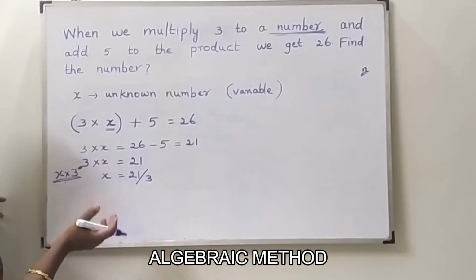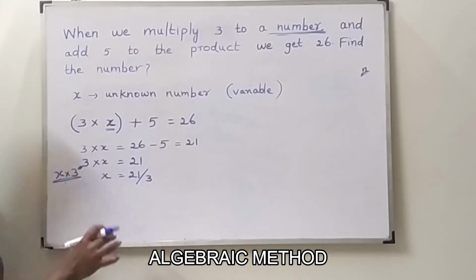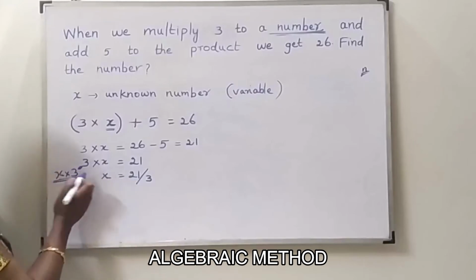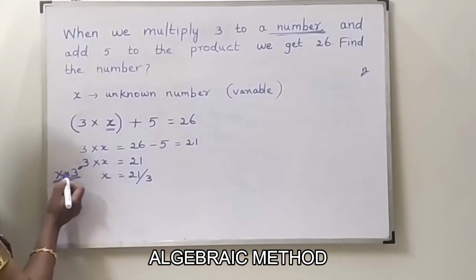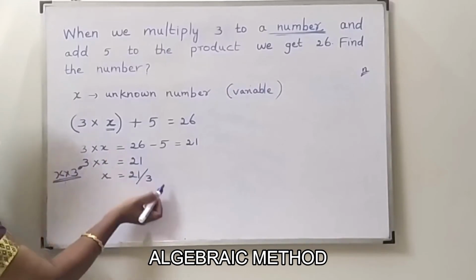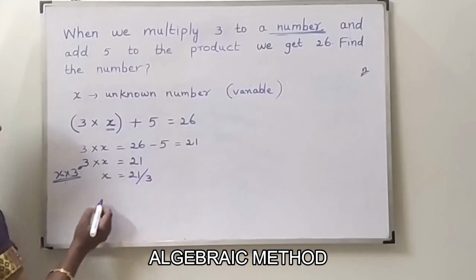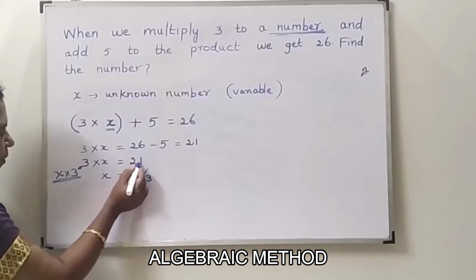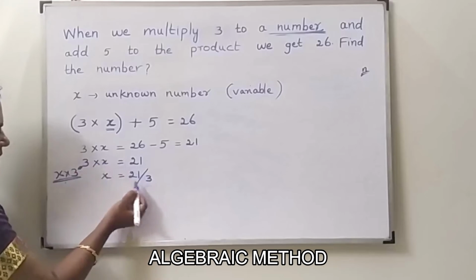To avoid the confusion, I have written 3 into x as x into 3. Now you will be clear that there is a multiplication sign before 3. So when you take it to the other side, it becomes division. So x is equal to 21 divided by 3.